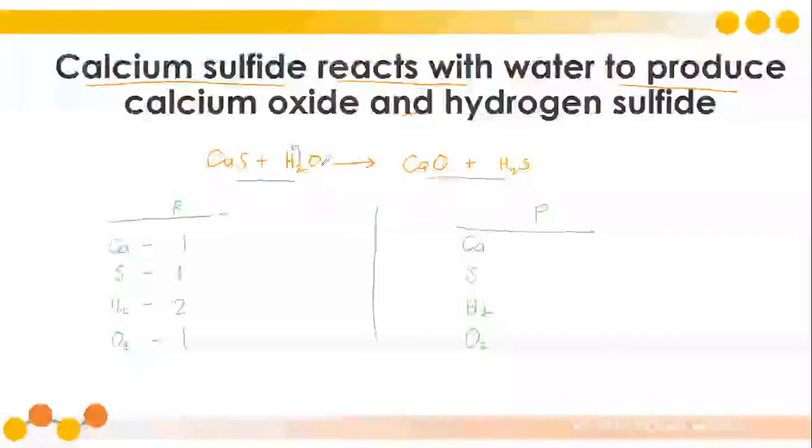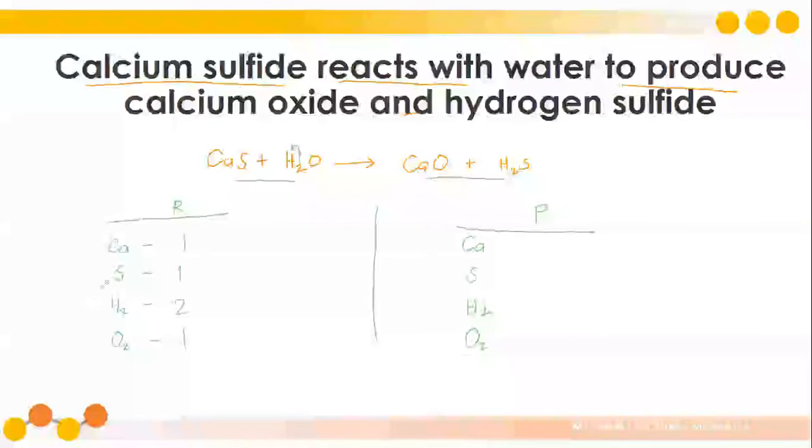Is it not diatomic in this one, ma'am, because there is oxygen? No, because it is in a compound. If it's simply calcium sulfide plus oxygen, then that's the time wherein you have to put the subscript 2, because oxygen has no other element to bond with.